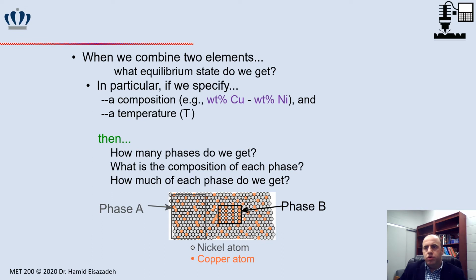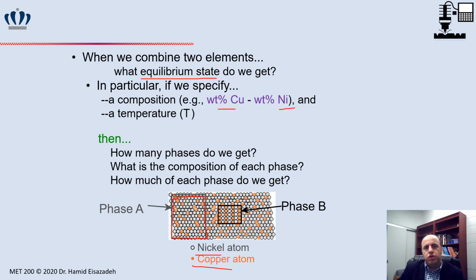Similar to the syrup example, we can have an equilibrium state with a solid material. Here we have copper and nickel, two solid materials that are mixed together. As you see, for example, here these two elements, copper and nickel, are mixed, and we have this pattern.